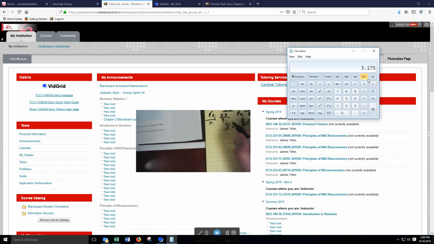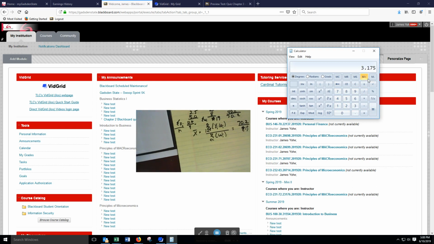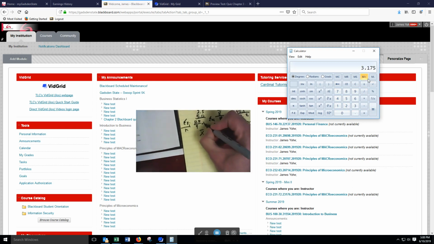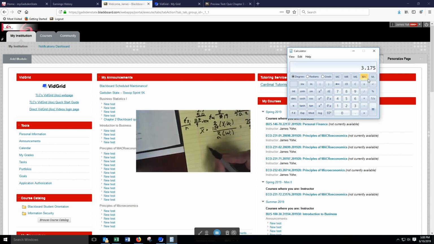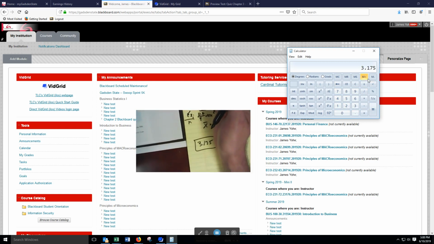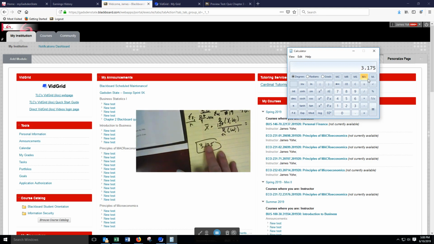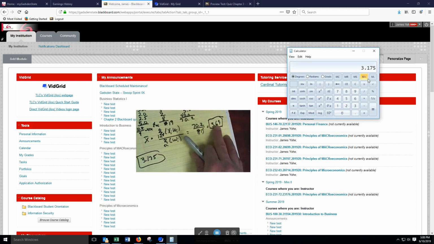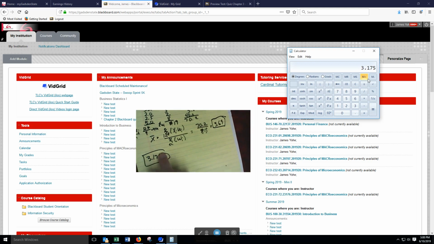That comes out to be 3.175. So you can see we get a different answer here. So if I just calculated it like this, there were no weights, I got 3.175. When the weighted mean is 3.69. That's the correct number. That's wrong.